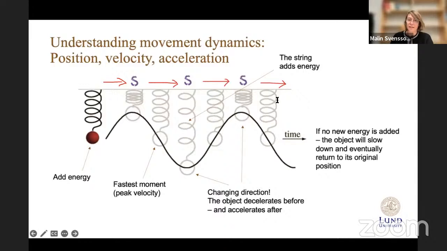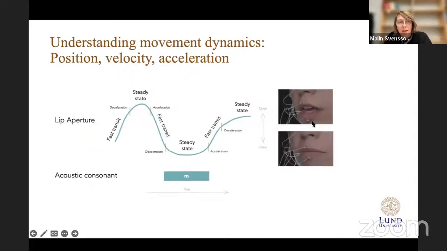We can compare this movement to an articulator. Perhaps the articulator does not have a string attached to it, but its movements follow this as well. Here we have movement patterns of lips. This is a lip aperture where we measure the distance between two EMMA sensors on the lips.